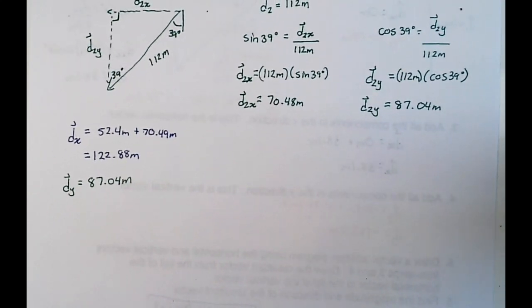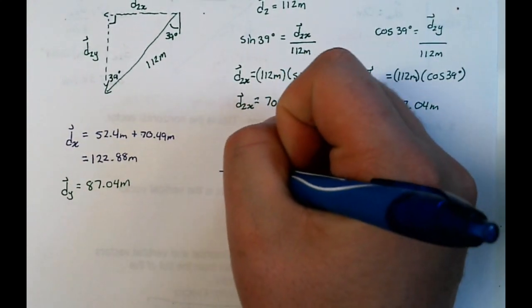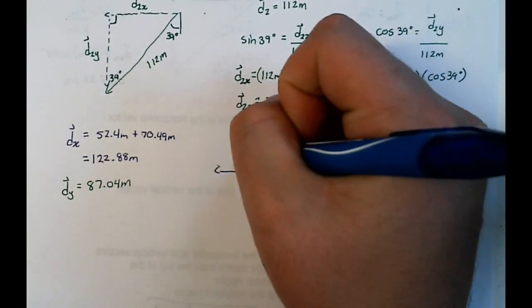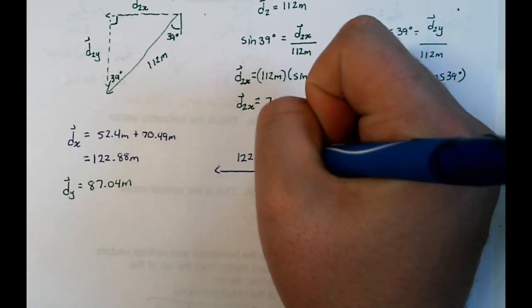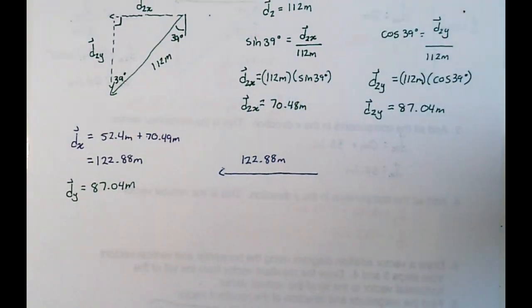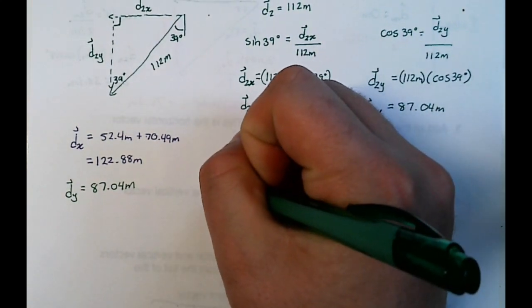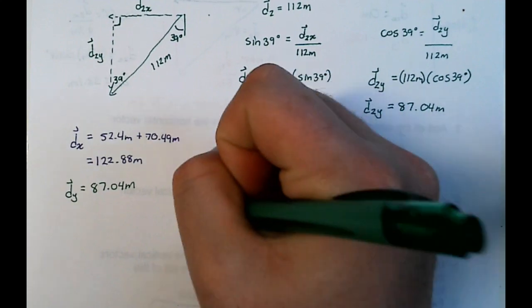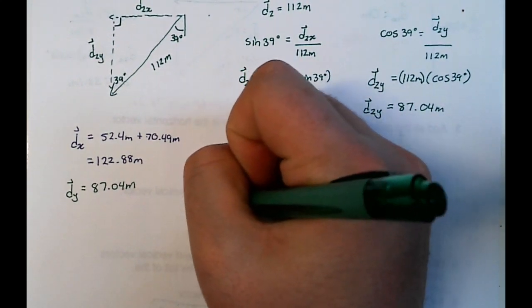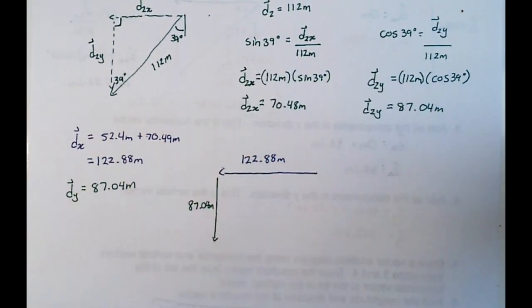So if we use this to draw a vector addition diagram, we are heading 122.88 meters west, and we are also traveling 87.04 meters south.